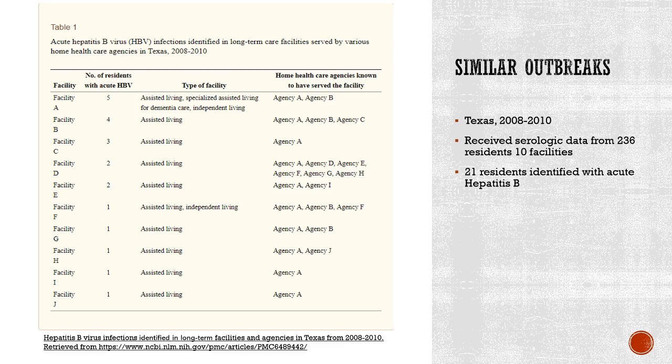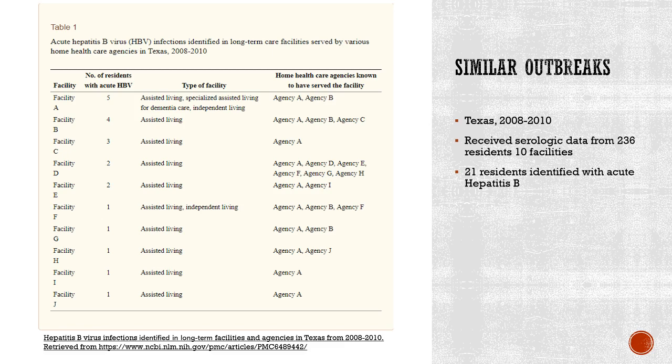So, similar outbreaks. Another similar outbreak of hepatitis B happened in Texas in 2008, where Yenlik Zhetaeva and her colleagues focused on 10 long-term care facilities after 2 infected residents at one of the facilities were reported to the local health department.